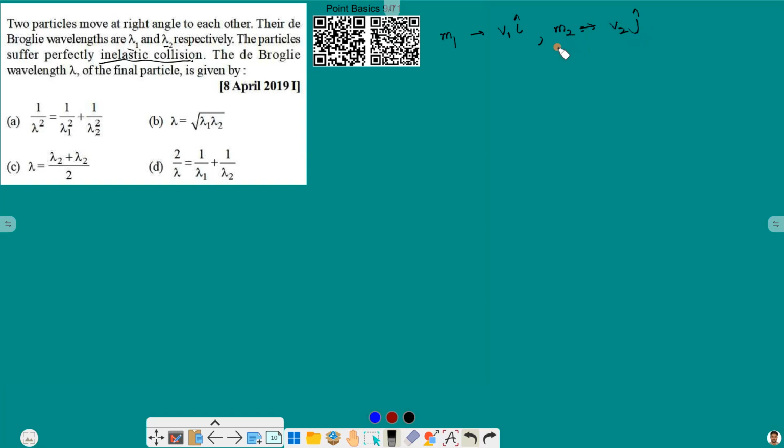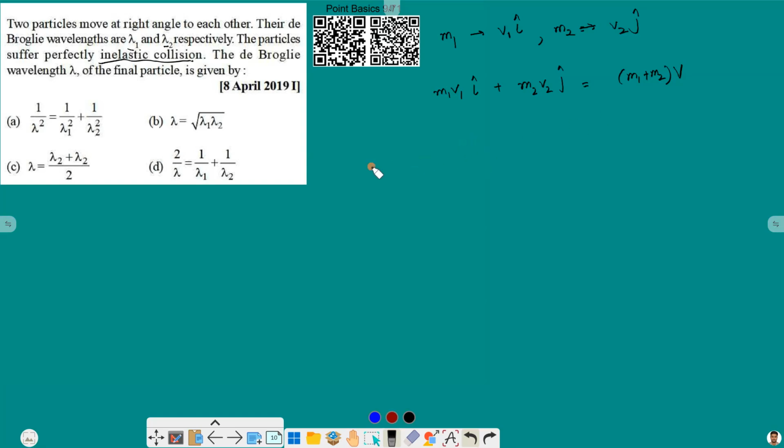According to momentum conservation, m1 v1 i component plus m2 v2 j component should be equal to (m1 plus m2), as it is a perfectly inelastic collision, times some velocity v, the final velocity, which will have both x and y components.